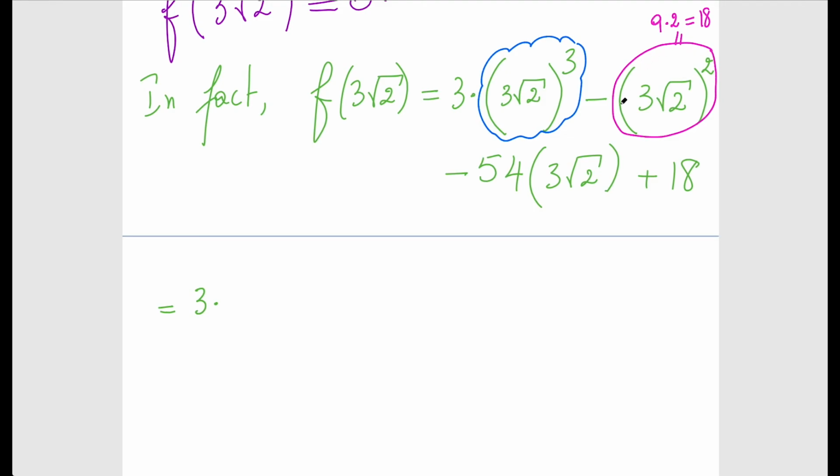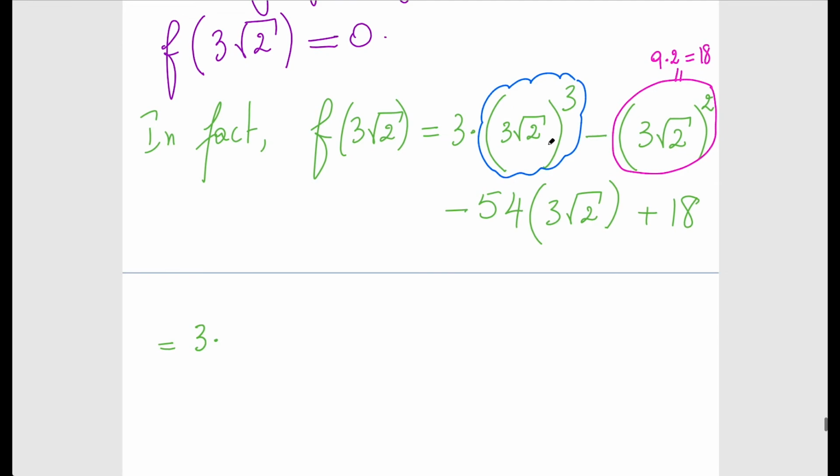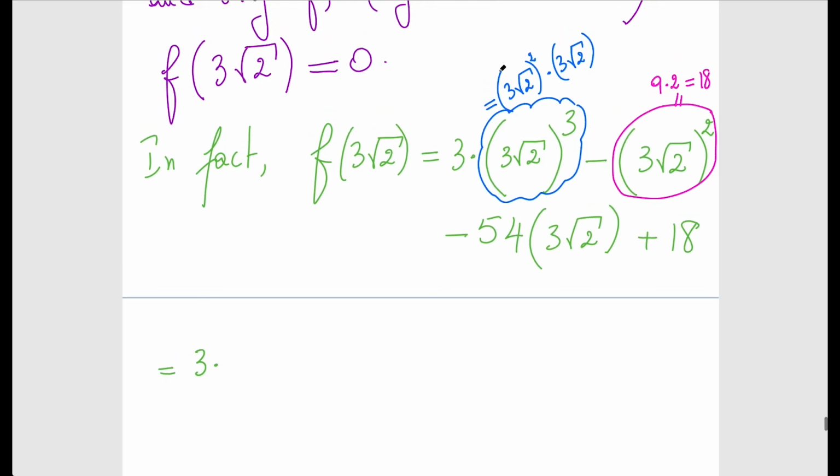It means this guy squared times one more 3 square root of 2. Agree with that? So this is equal to 3 square root of 2 squared times 3 square root of 2, right? I have 3 copies of 3 square root of 2 this time. I piled up 2 because I have a result for that. This is 18. This is 18. So 18, times 3 square root of 2.